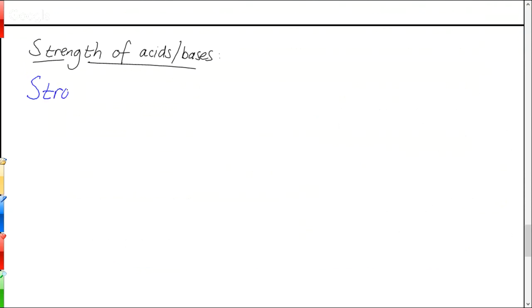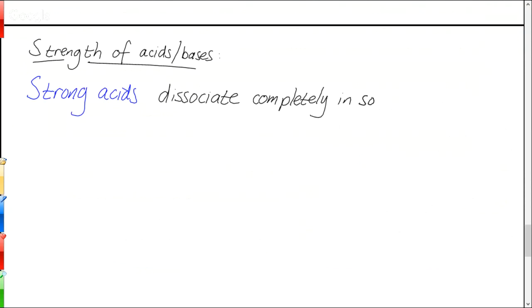So what that means is strong acids dissociate, which means they break apart completely in solution.